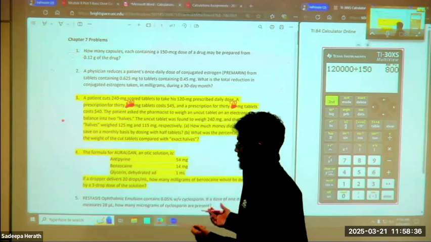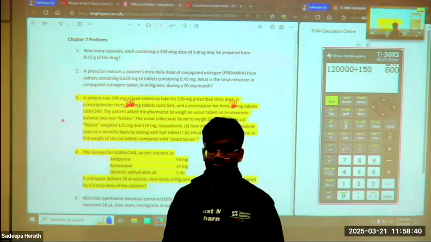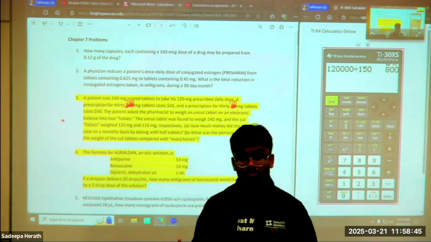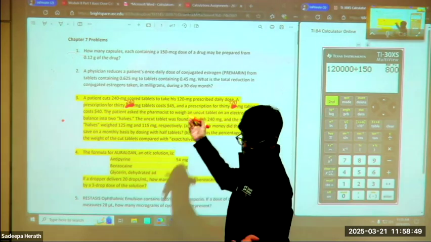So first, what are we looking for? We need to find out what the reduced dose is. How much are we reducing this drug by, in terms of strength? So don't think too hard.